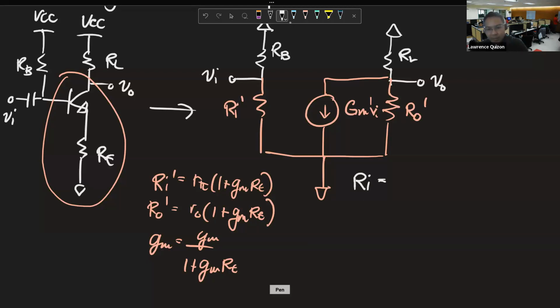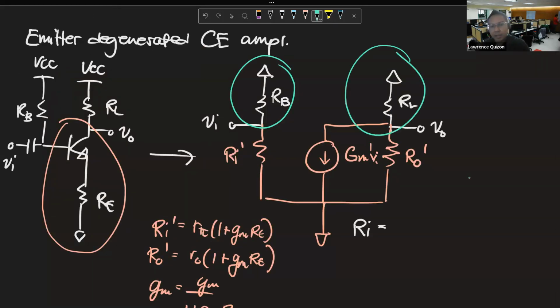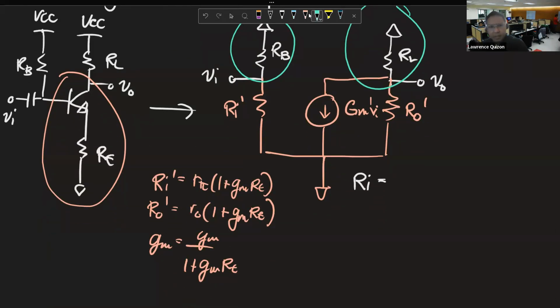So the input resistance of this, remember, no, the effect of RB and RL, no? The effect of RB and RL is to just add a parallel, no? So now, this one is R pi times 1 plus GM RE parallel RB.